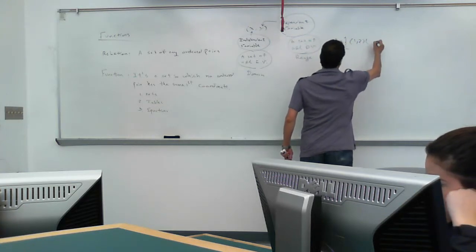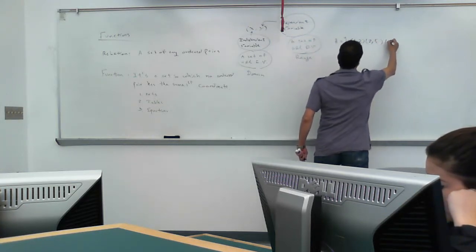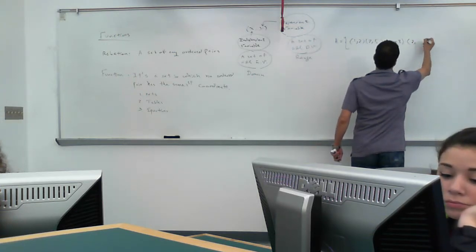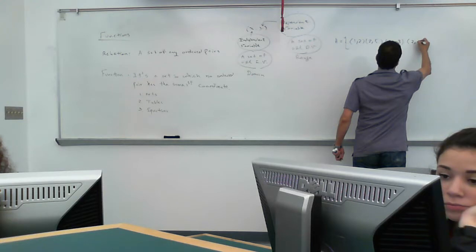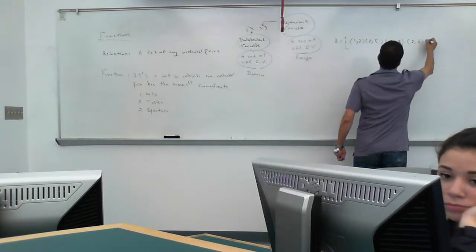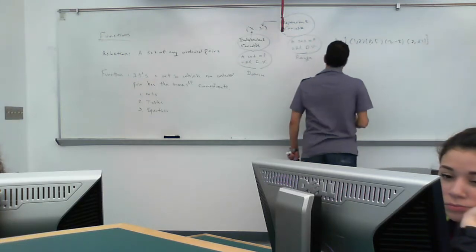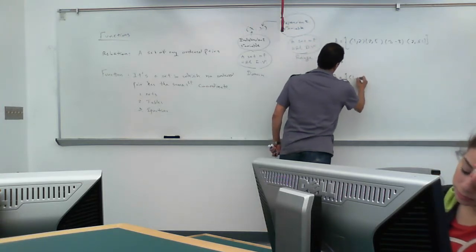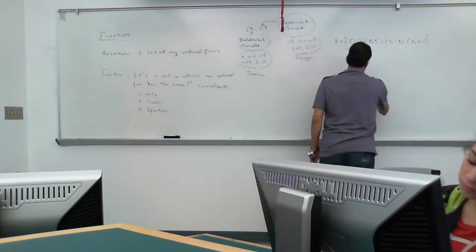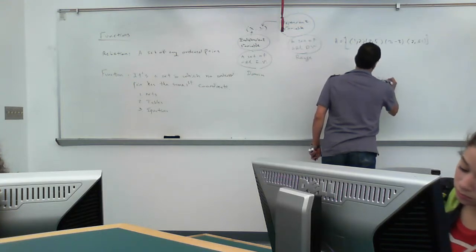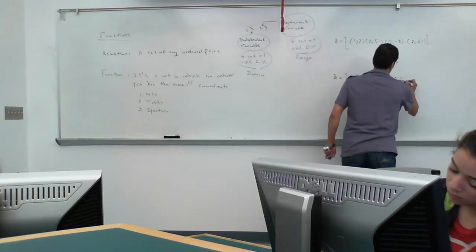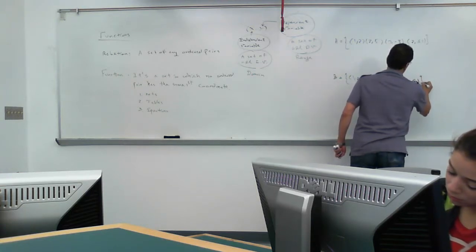Set A: (1, 2), (2, 5), (7, -8), and (2, 51). Set B: (1, 2), (2, 5), (7, 8), (9, 8).